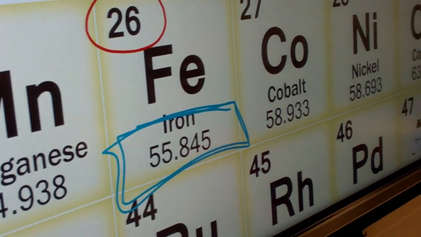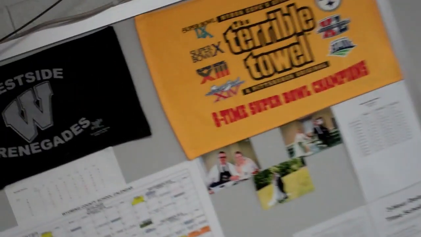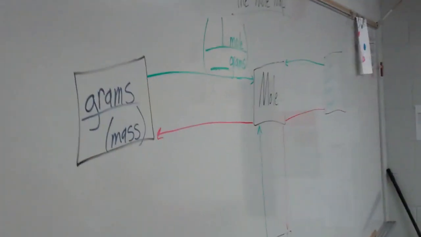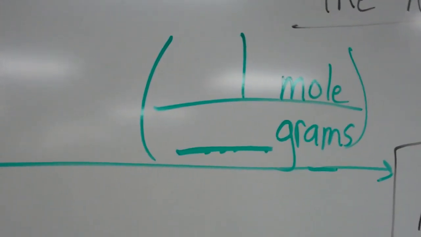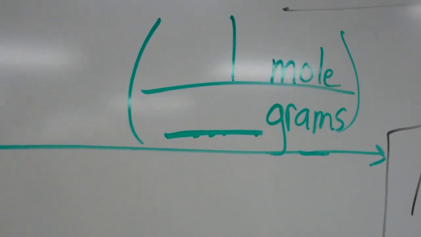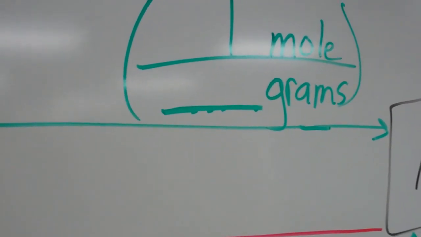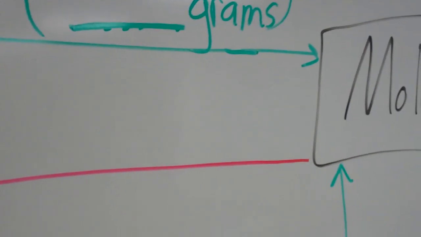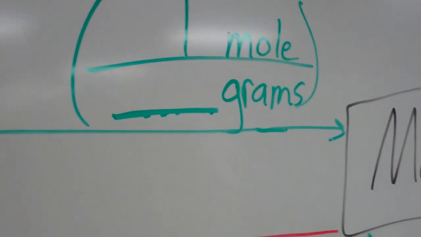If you're watching the video, close your eyes. Now open your eyes. The blank spot right there where it says grams, that is where you will put your number. The 55 point, what is that, 845? Yes. That goes there. Sorry. Okay. Close your eyes again.